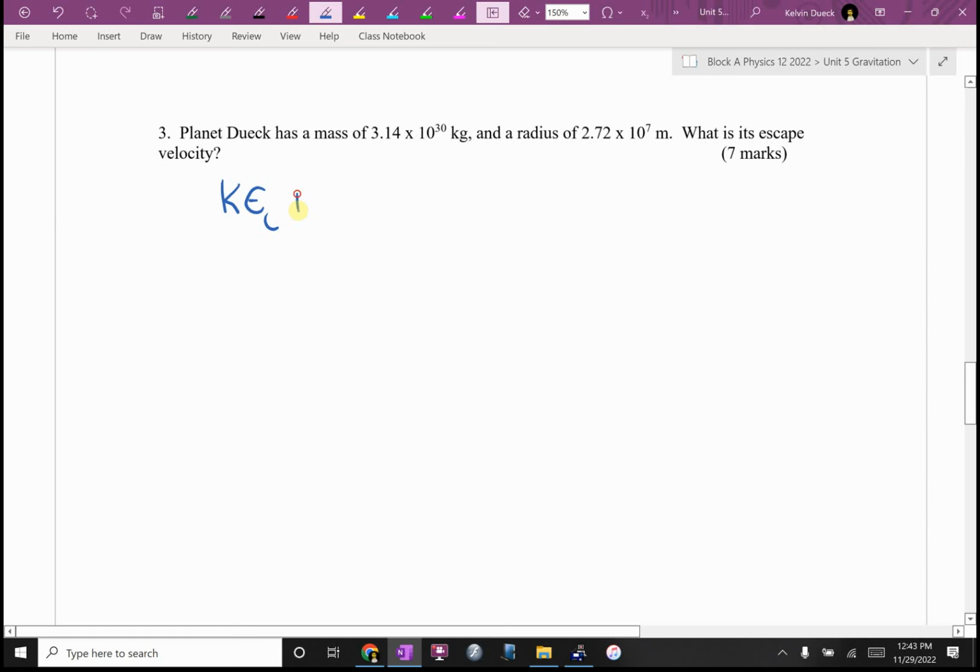It started out with kinetic energy, but we had this weird potential energy, conservation of energy equation. What did we want our final potential energy to be out at the edge of the universe? Because we defined it that way.